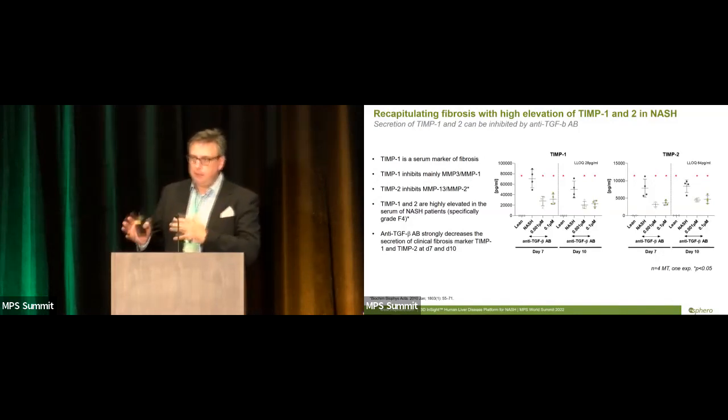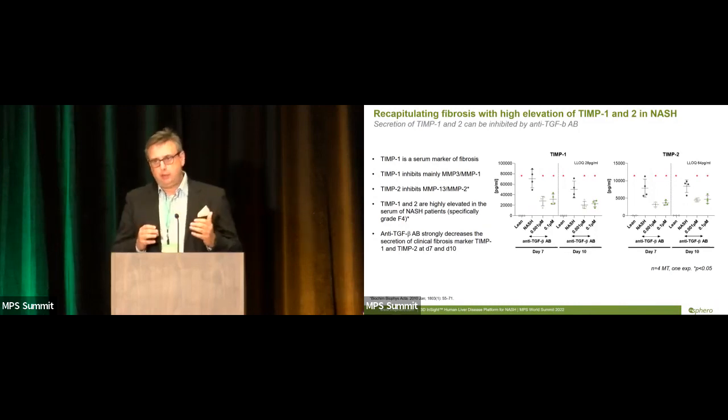The TIMPs and procollagen have another important significance for us because they are two of the three aspects of the so-called ELF diagnostic test. The ELF test has been developed by Gilead and Siemens. It's one of the few non-invasive diagnostic tests for NASH.